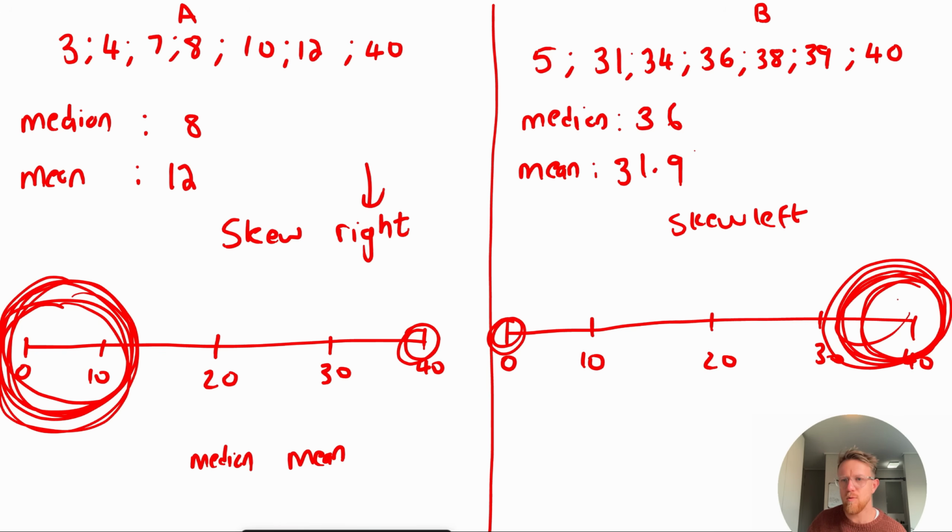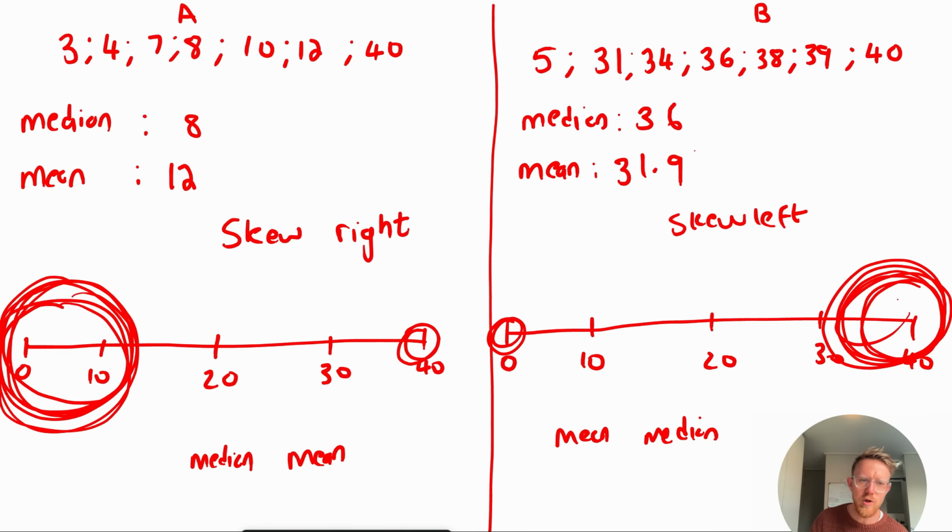When we have skew left, put the mean on the left, and the median on the right. So the mean must always go where we have the skewness. If you're skewed to the right, write the mean on the right-hand side, and if we are skewed to the left, write the mean on the left-hand side.